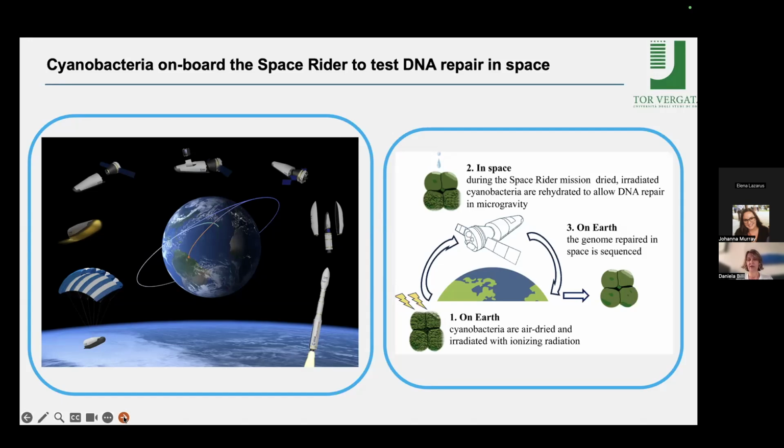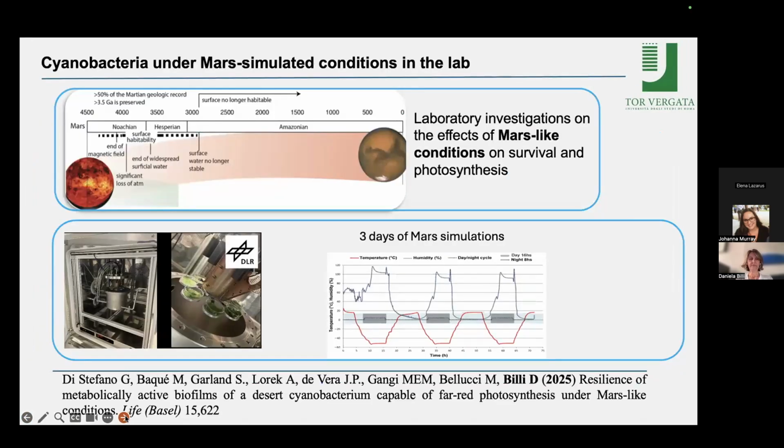And this is also very important because it is in the roadmap, let's say, to use this cyanobacteria also for space biotechnological applications. And I will say something more later on.